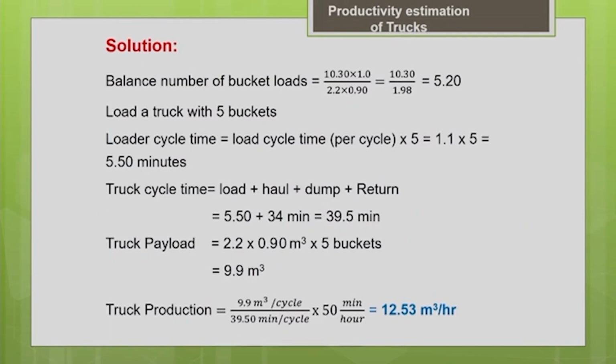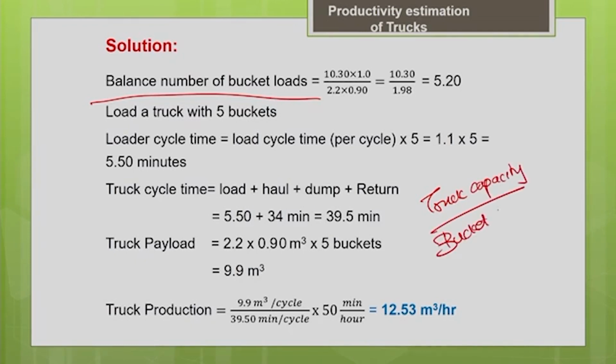Now, let us work out the solution. The first step will be to find the balanced number of the bucket loads needed to fill the truck. How will you find the balanced number of bucket loads needed to fill the truck? It depends upon your truck capacity by your bucket capacity. So, what is your truck capacity?